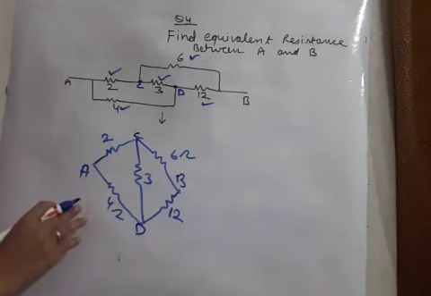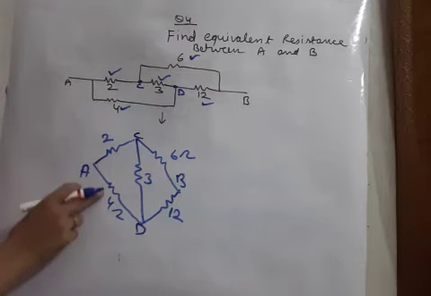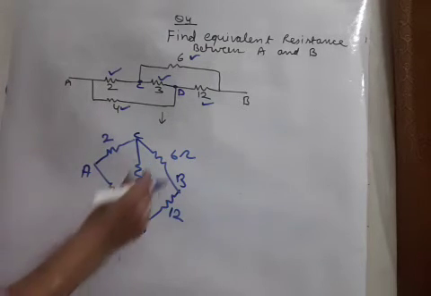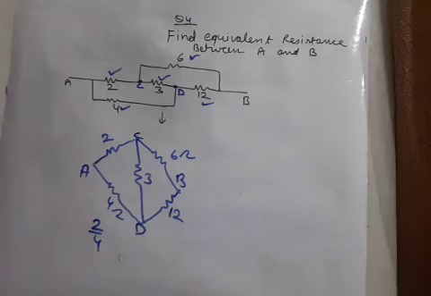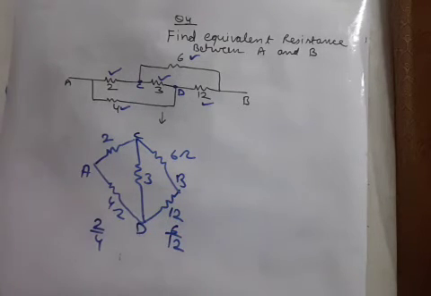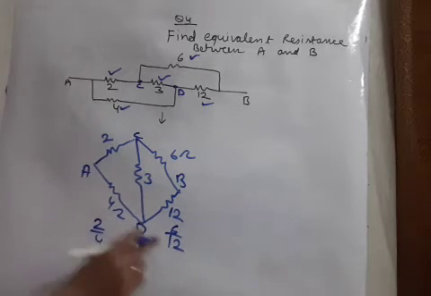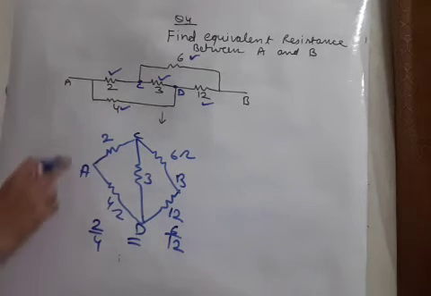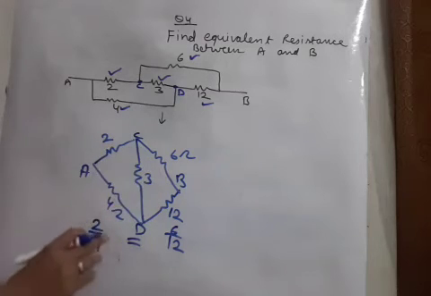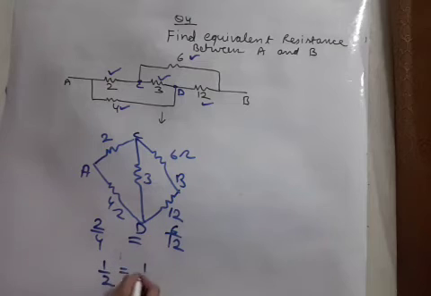Balanced bridge means if this side the ratio of the resistance, that means 2/4, and this side the ratio of the resistance is 6/12. Is it the same? Yes, we have to check the ratio. 2/4 is also 1/2 and 6/12 is also 1/2.